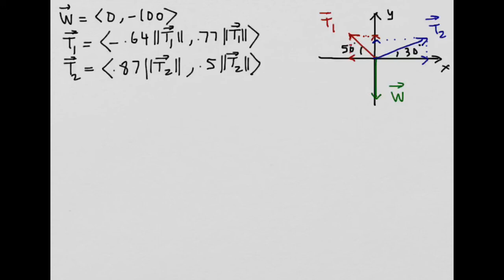One thing about these three forces, W, T1, and T2, is that they are in equilibrium. Simply, they balance each other out, and therefore the sum of these three forces must equal the zero vector. So we'll write that vectors W, T1 and T2 are in equilibrium.